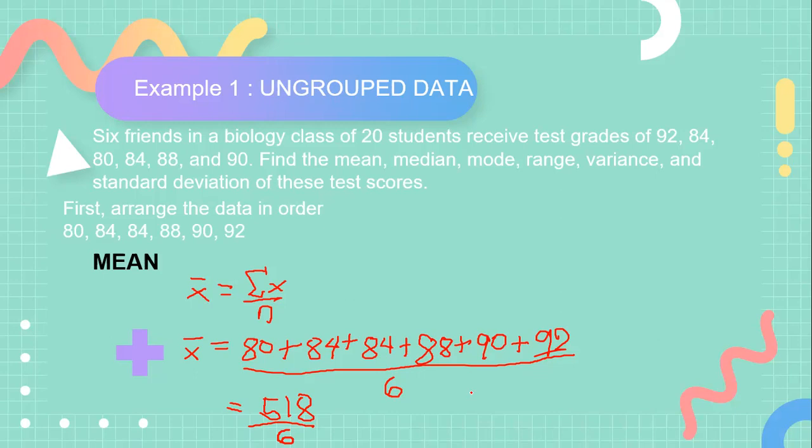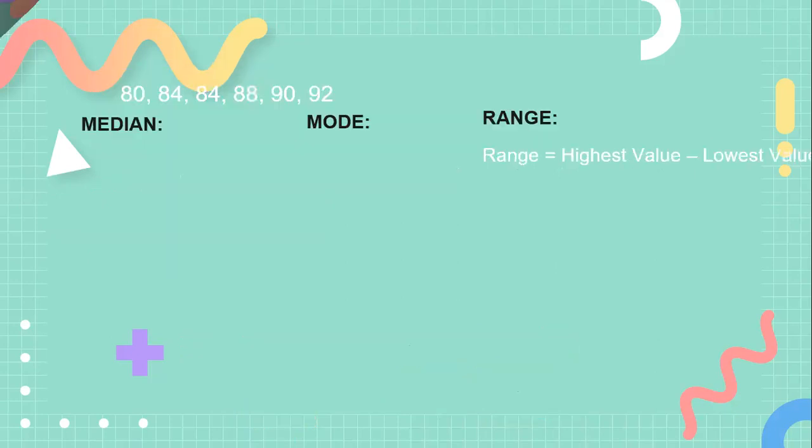Use your calculator to compute. So it's 86.33. So our mean is 86.33. Now let's proceed to our median.